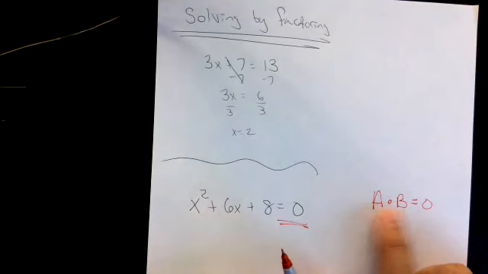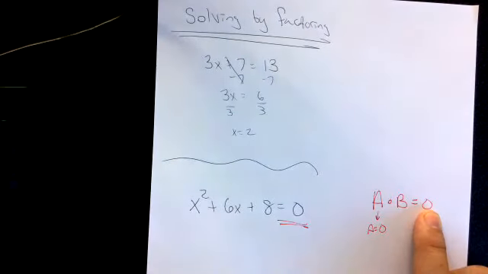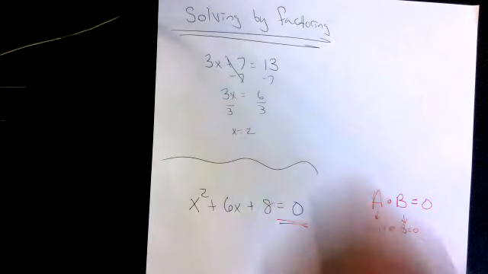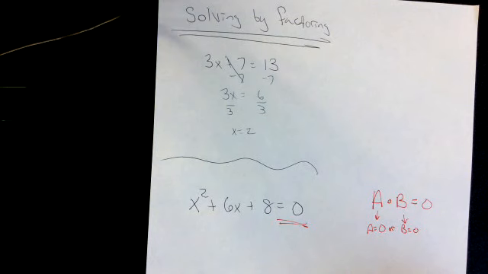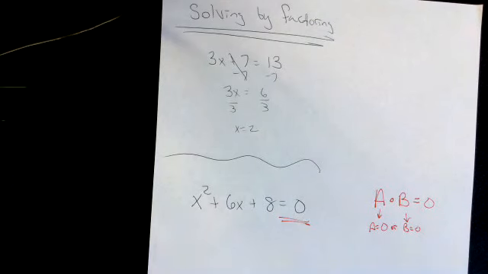If you're multiplying two things together and you know the answer is 0, then what we know is either A is 0 or B is 0. It has to be. You can't multiply two numbers together and get 0 unless one of them or both of them are 0.